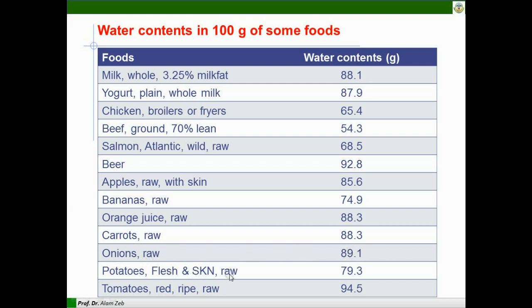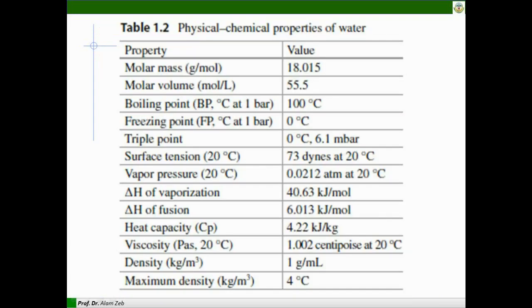Potato flesh and skin raw 79.3, tomato red ripe raw 91.5 gram per 100 gram of the food.